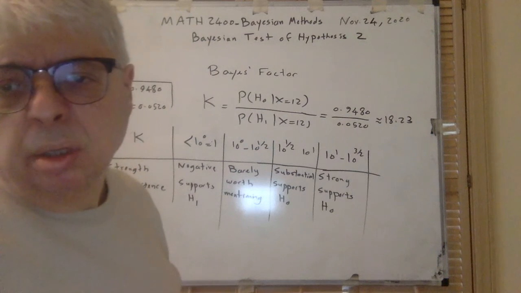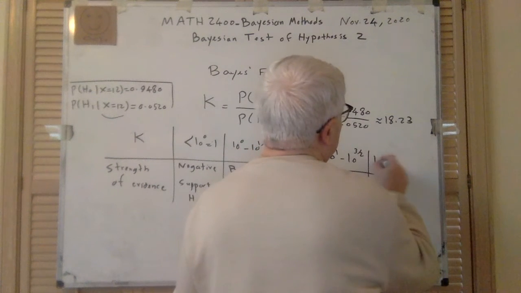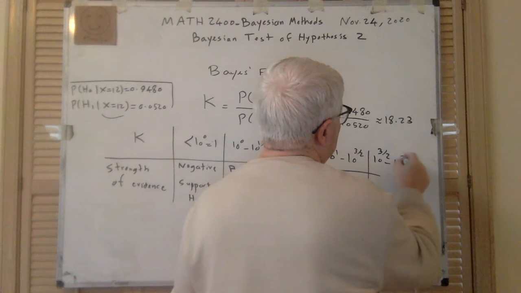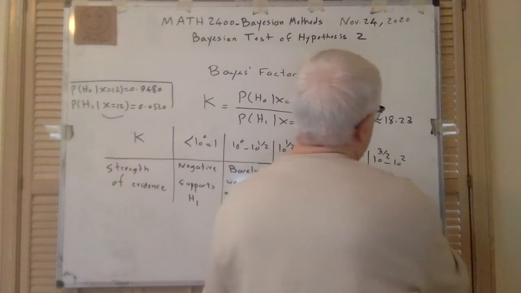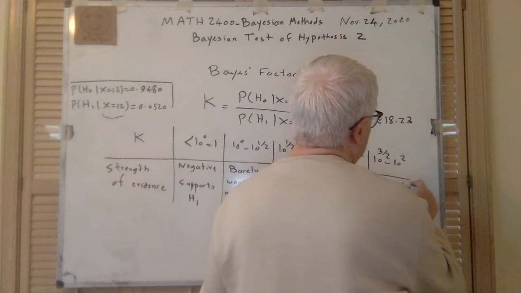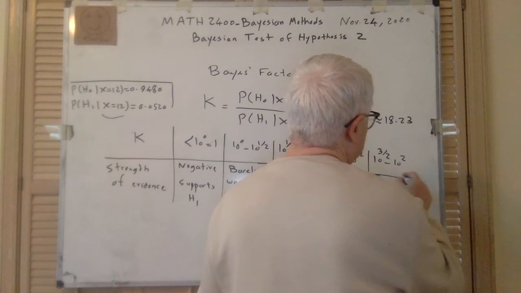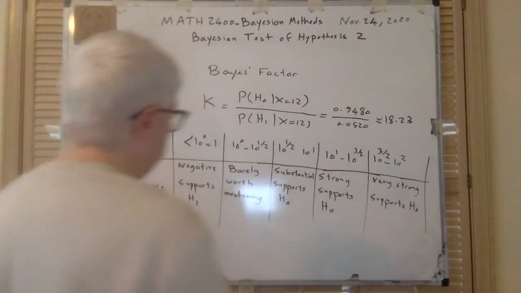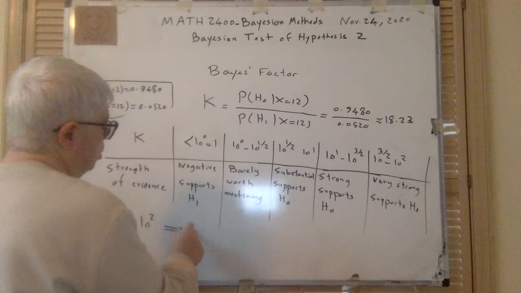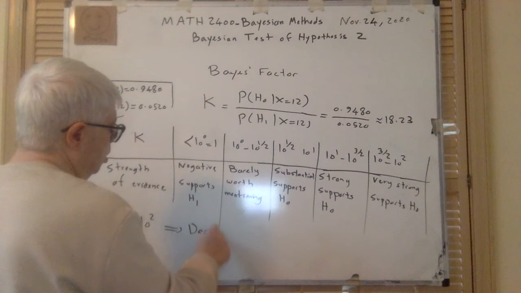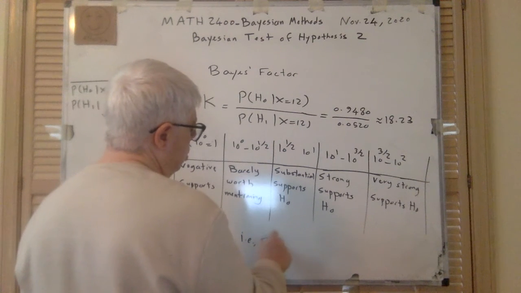And I guess there are two more: between 10 to the power 3/2 and 10 to the power 2, that is very strong, and supports H0. And at last, if it is bigger than 1000, that gives me decisive, which means supports H0.